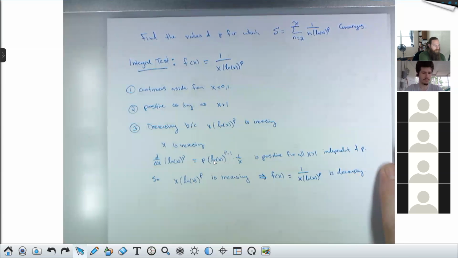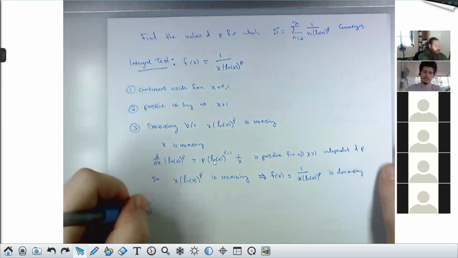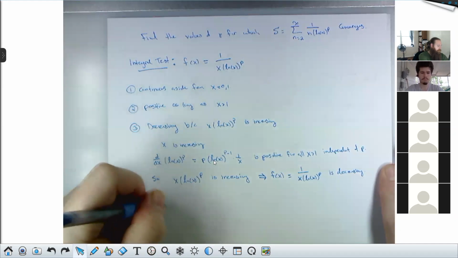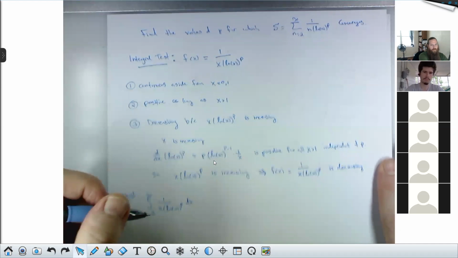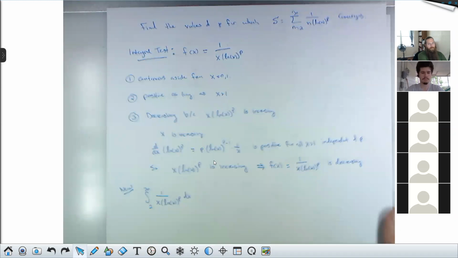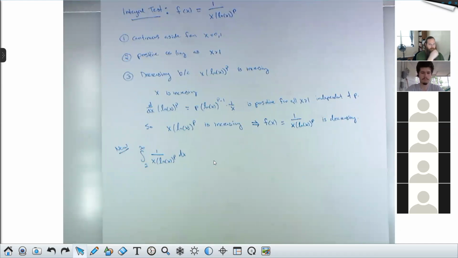And then the good stuff here is the integral from 2 to infinity of 1 over x times the natural log of x to the p dx. This is actually hearkening back to a 7.8 problem. Remember, way back in section 7.8, you guys determined the values of p for which this integral converges. This was a problem you had there.